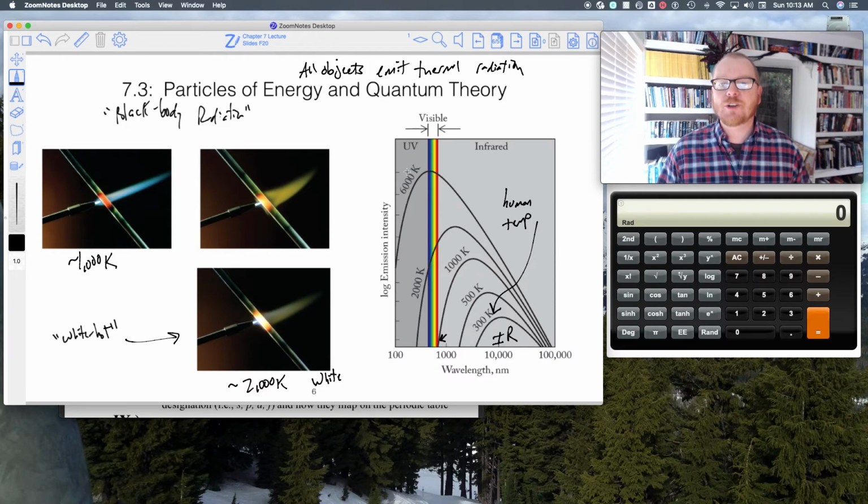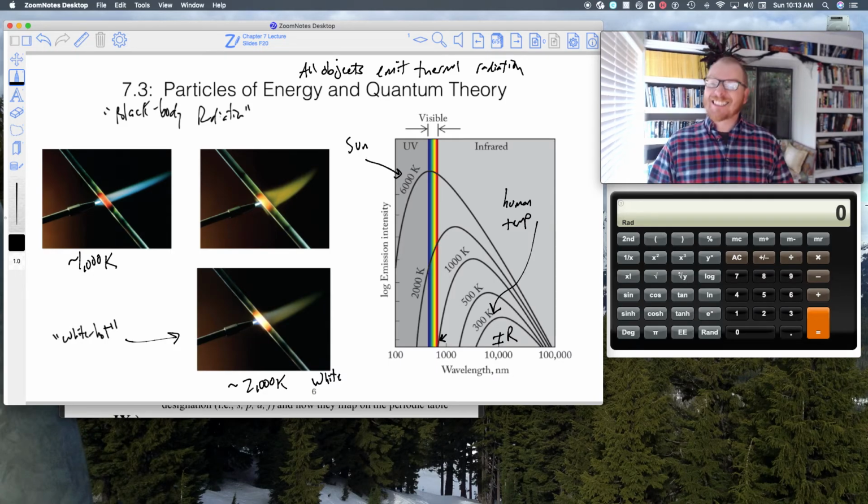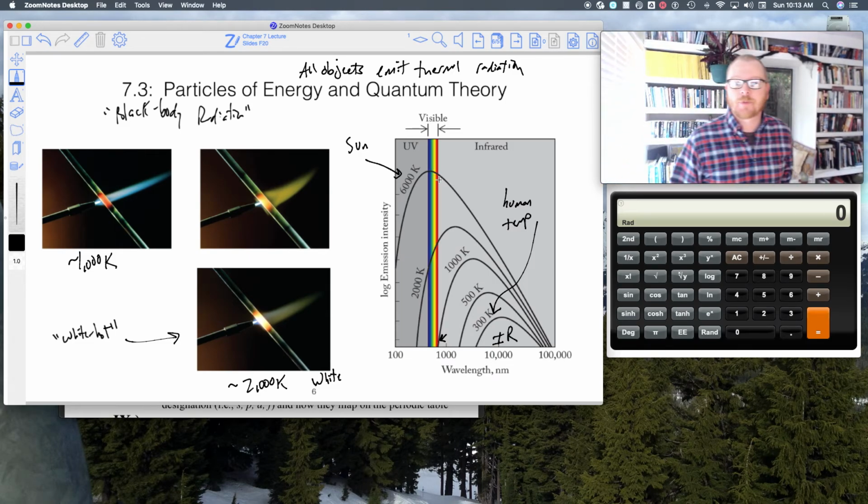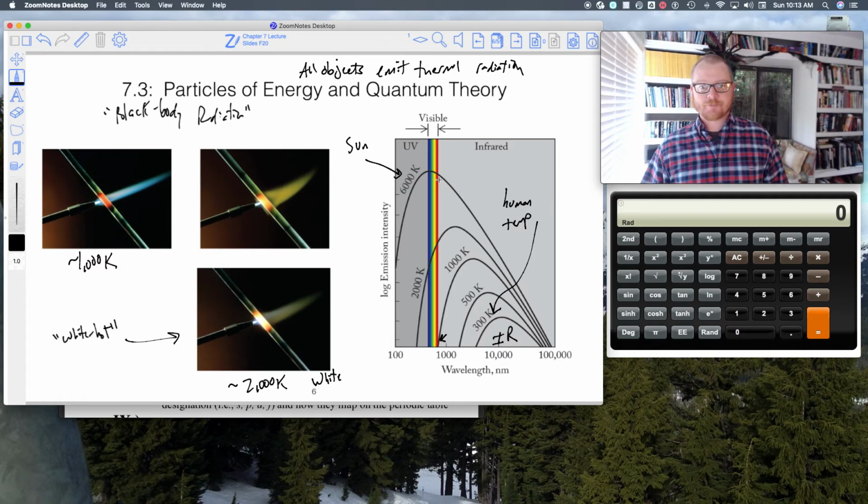Okay. Well, as it turns out, 6,000 degrees here, this is the temperature of our sun. The sun is 6,000 degrees. And that's why our sun predominantly appears yellow, because you notice the yellow color here is kind of right at the peak of this curve, okay? And you also notice the sun emits some UV and it also emits some infrared.